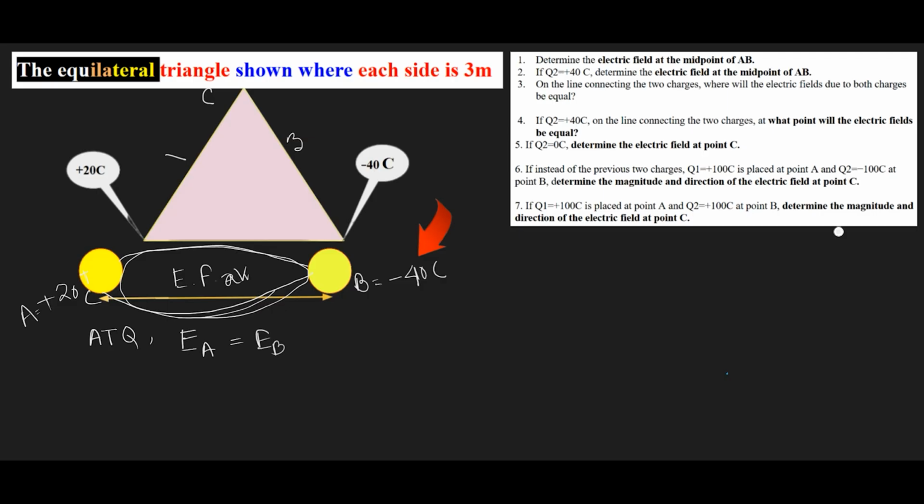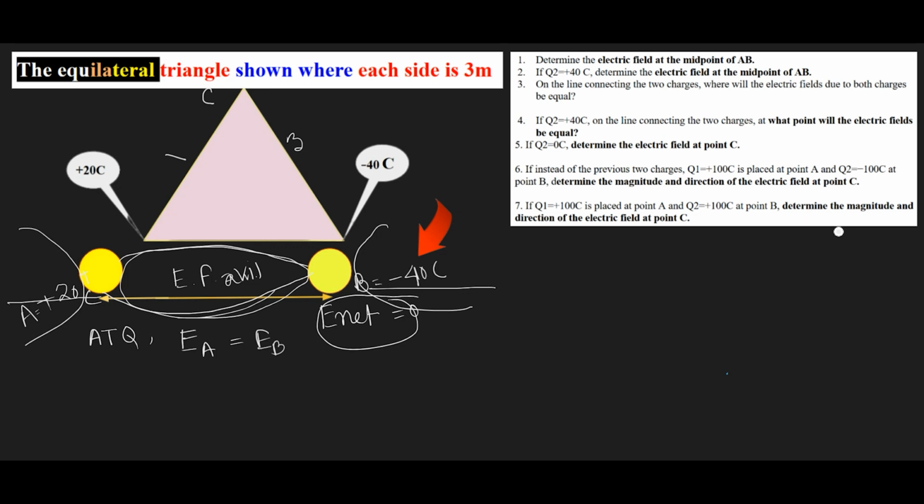At what point where EA is equal to EB, it means at that point net electric field will be zero. So definitely there is an electric field in this region, and the point where the field is 0 is either outside of A or outside of B. It means EA is equal to EB.